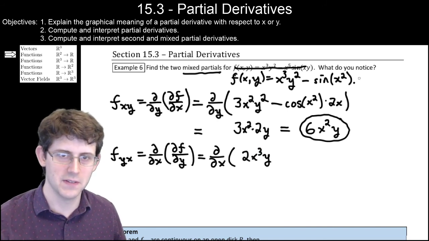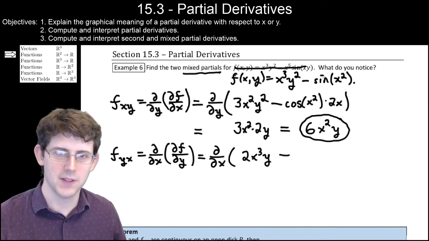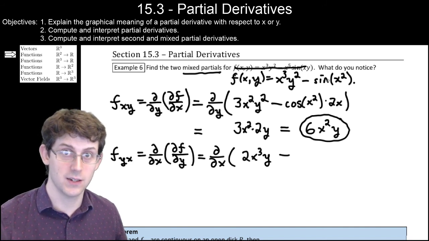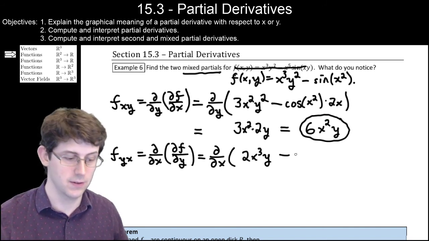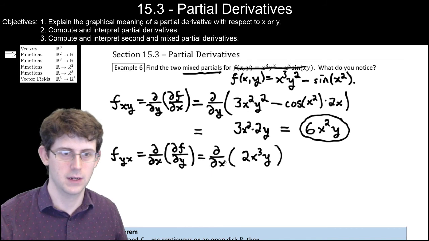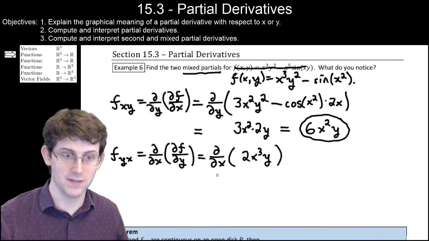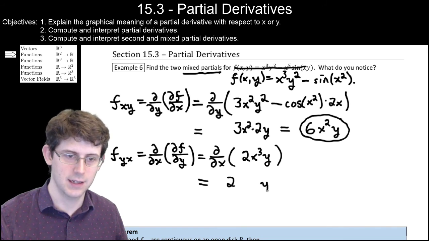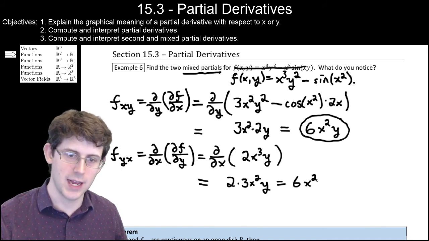Remember, we're taking the derivative of f. And then for the second term, this has no y's in it, so its y partial derivative is 0. Then we can take the x partial derivative of this thing. 2 and y are constants. The derivative of x cubed is 3x squared. So this simplifies to 6x squared y.